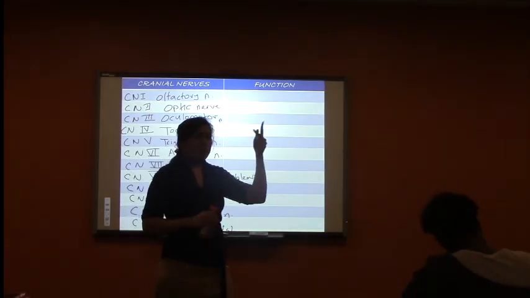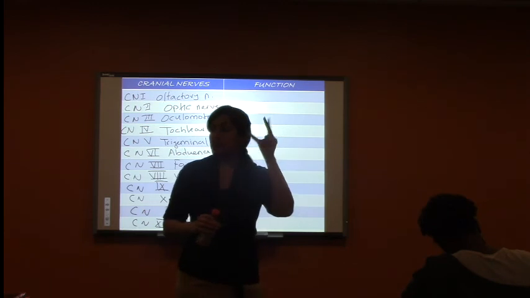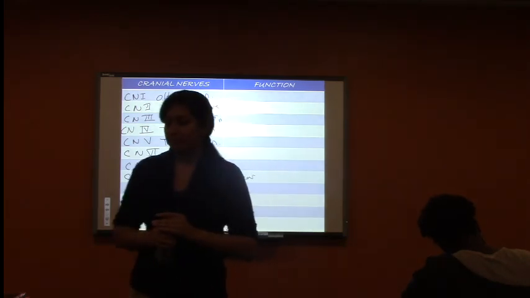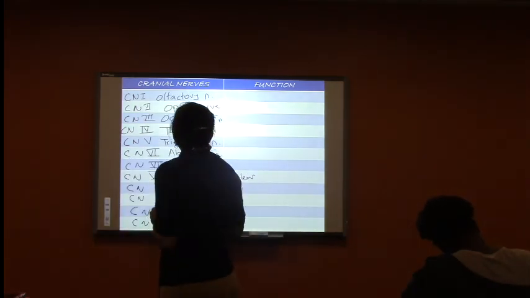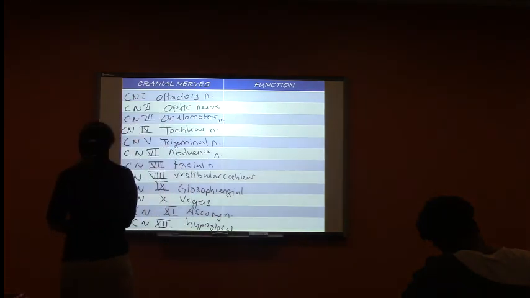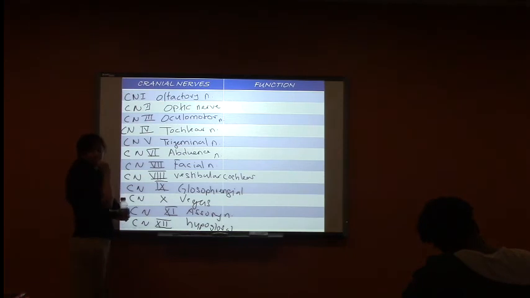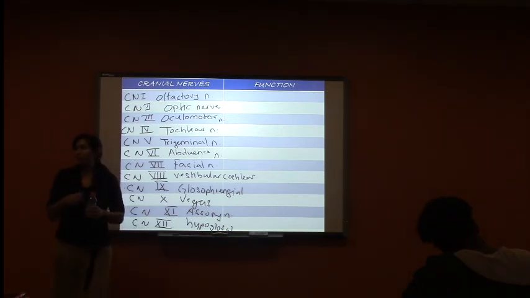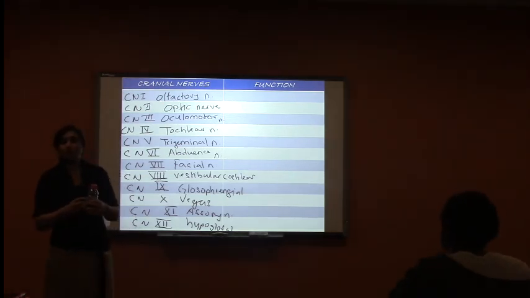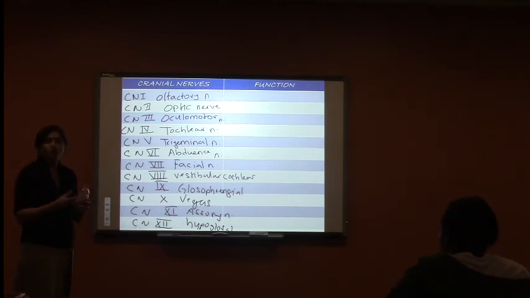Those three structures collectively is called the brain stem.